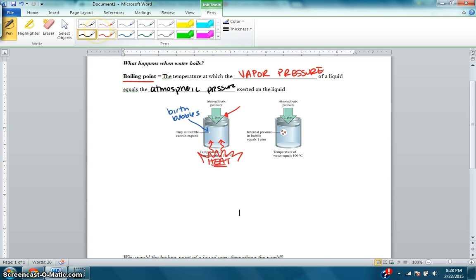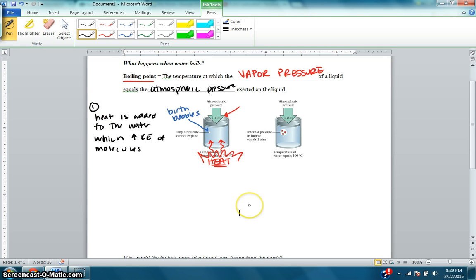We learned a lot with gases: when we increase the temperature of something, its kinetic energy increases. So that's the first thing that happens. Heat is added to the water, which increases the kinetic energy of the molecules.